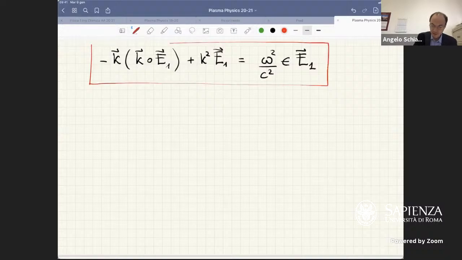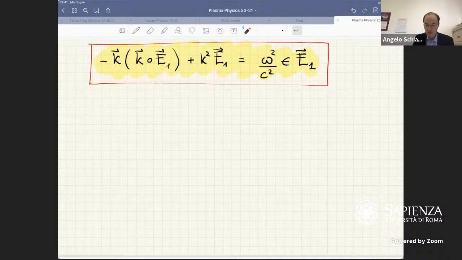So we highlight it, and it is the general form of a wave in a plasma in terms of the electric field.